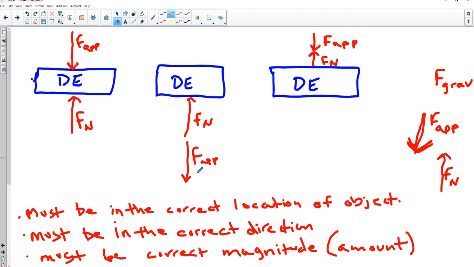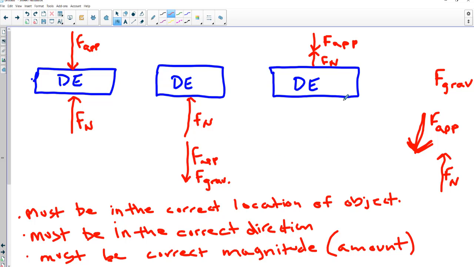So we could also label this force G, or you could label it weight, W, book. Weight of book. And weight is caused by gravity. So either way, that is in the middle of the object, it's going down, and it's the same length arrow as this one.